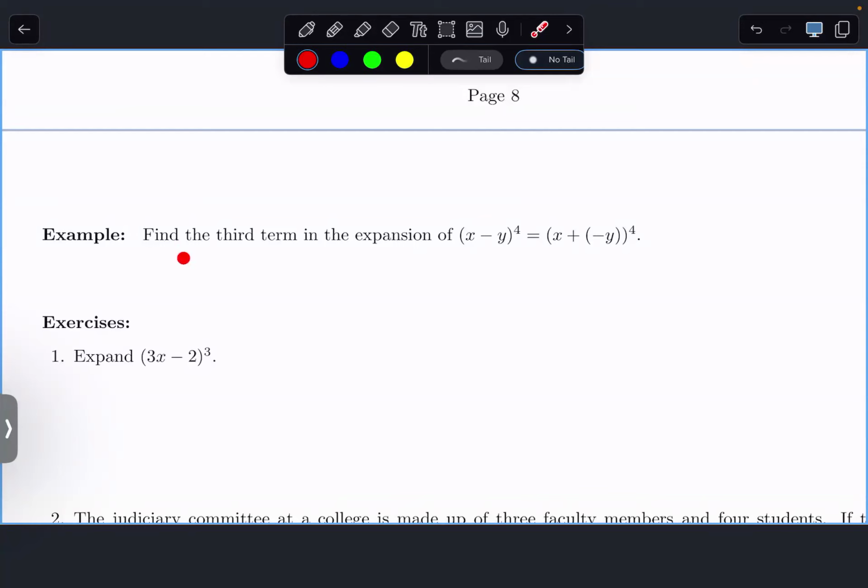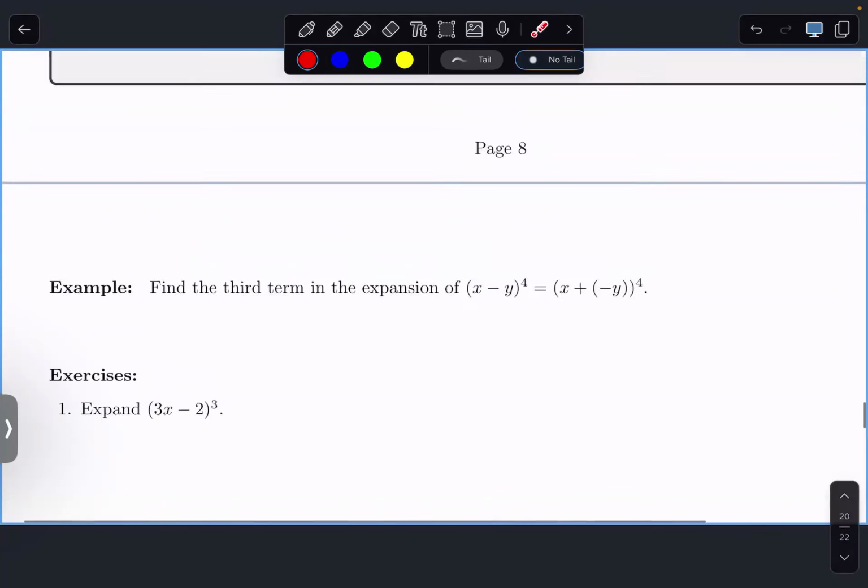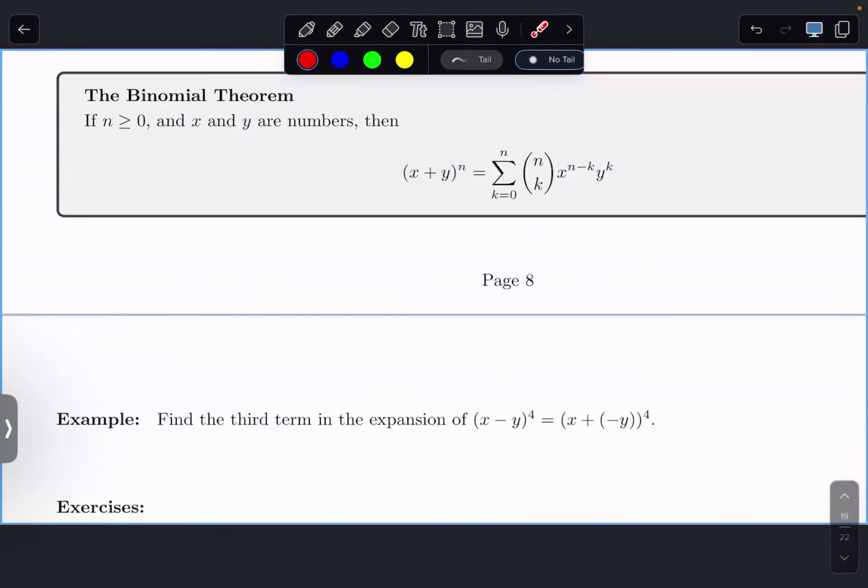We can use it to do things like find the third term in the expansion of x minus y to the power of 4. Now, notice that this formula is for x plus y, so whatever you do, you have to rewrite it as x plus y.